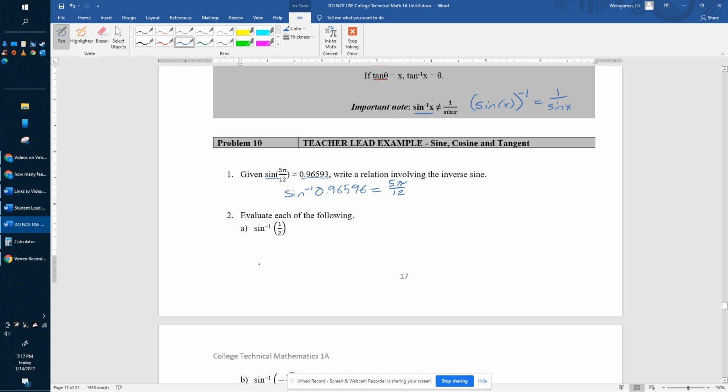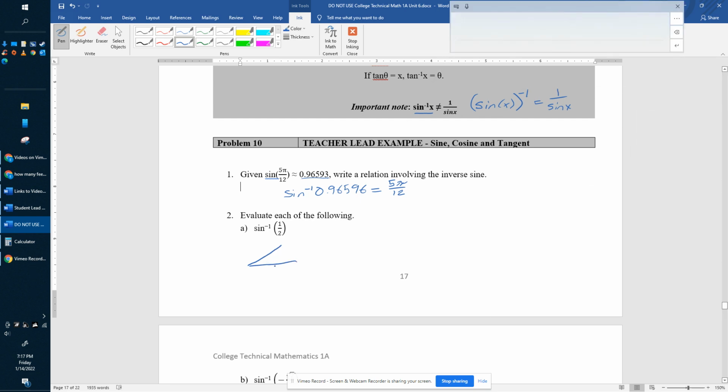Let's take a look. I'm going to draw better. A 30, 60, 90 triangle. Our hypotenuse is 1.